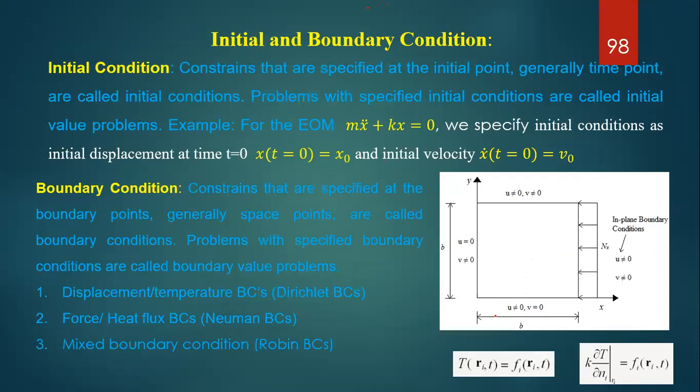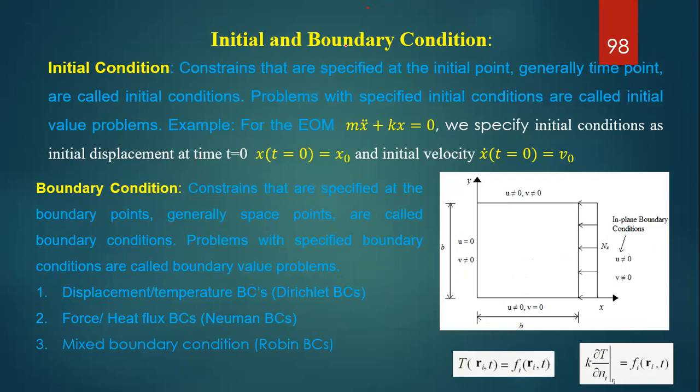And what are initial and boundary conditions that are very important in the calculation of vibration? Not only in vibration, but in most mechanical courses, these are very important. So initial conditions are constraints that are specified at the initial point, generally a time point.